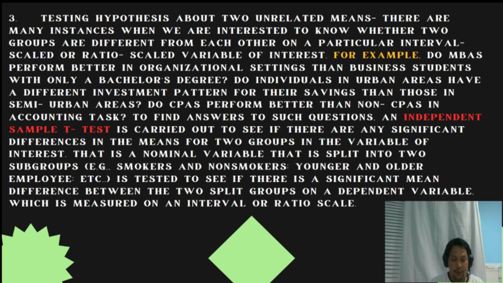And the example I mentioned earlier, the two individuals or two separate groups of testing, is the example of testing hypothesis about two unrelated means.